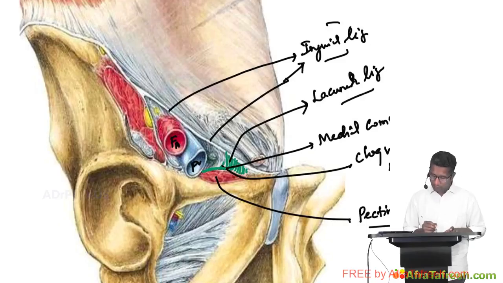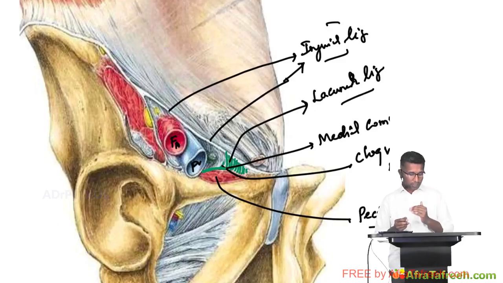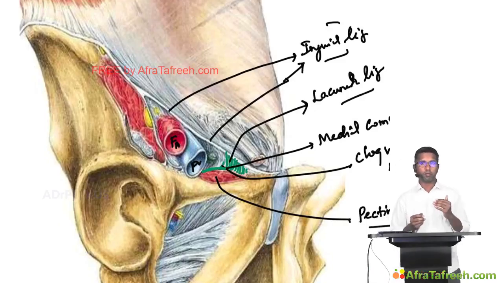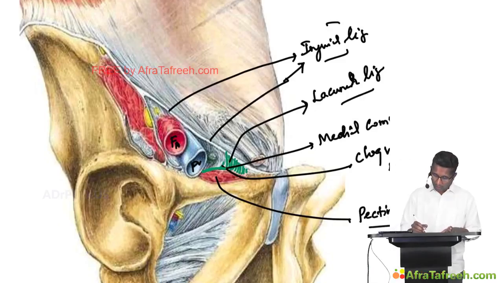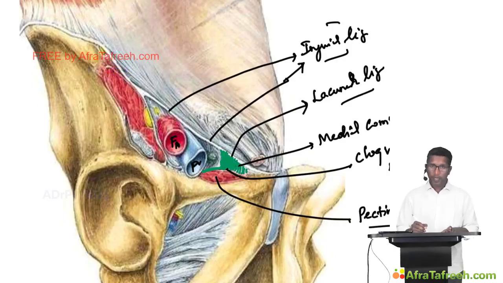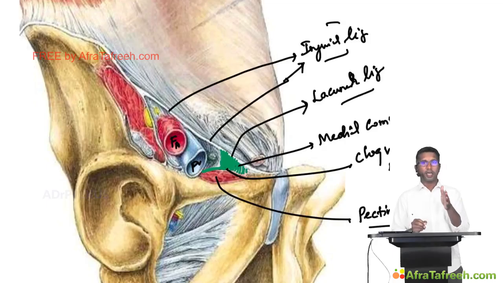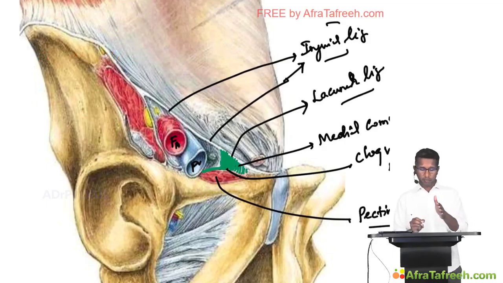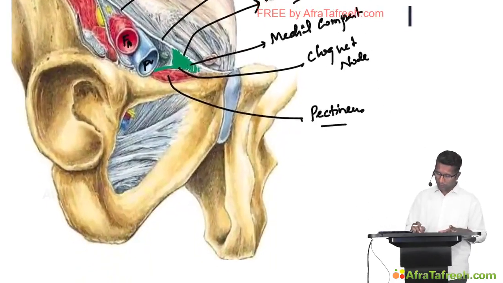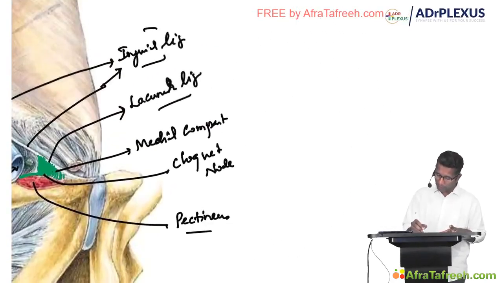That fascia forms the posterior boundary of the femoral ring. On the medial side, you get the lacunar ligament, which forms the medial boundary. On the lateral boundary, you get a septum which separates the intermediate and the medial compartment of the femoral sheath. This ring is called the femoral ring. We'll just see what the boundaries of the femoral ring are now.